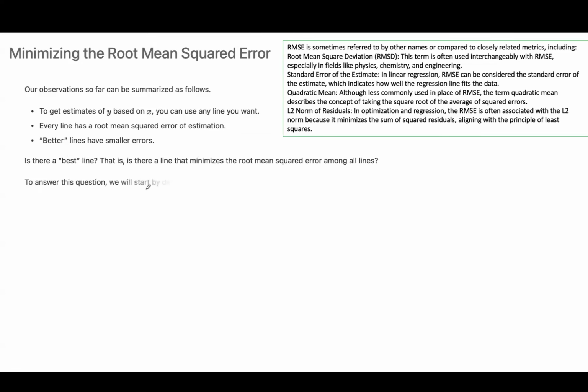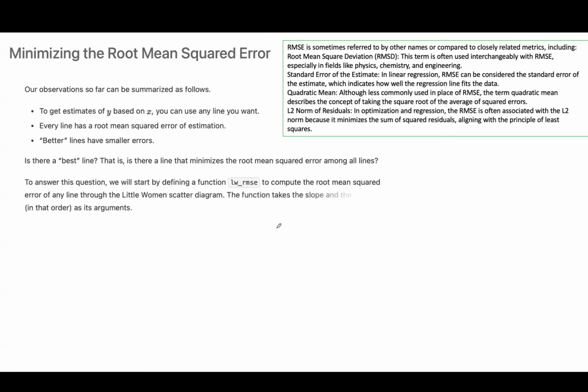To answer this question, we'll start by defining a function, little women RMSE, representing the root mean squared error to compute the root mean squared error of any line through the little women scatter diagram. This function takes the slope and the intercept as its arguments. So let me share the code with you.